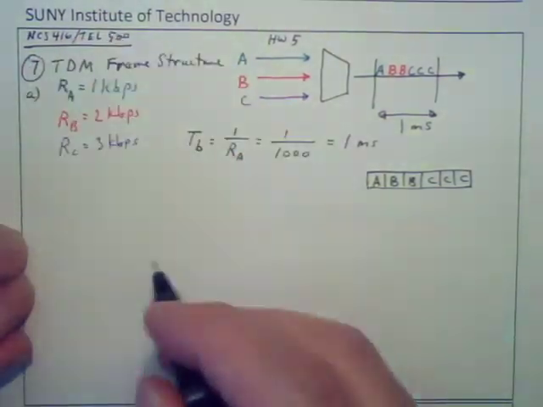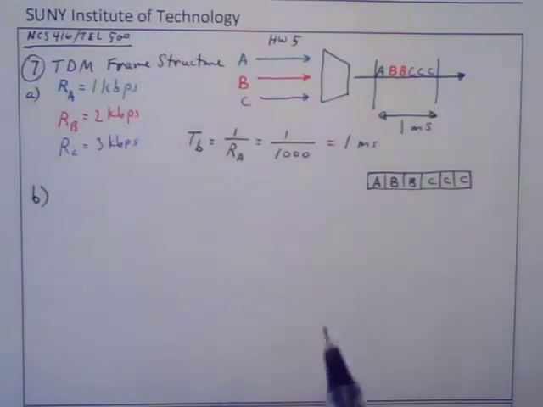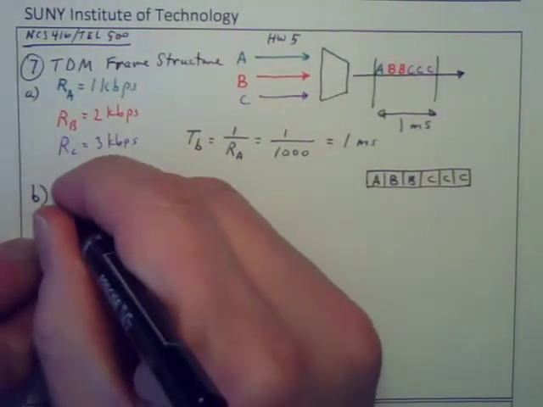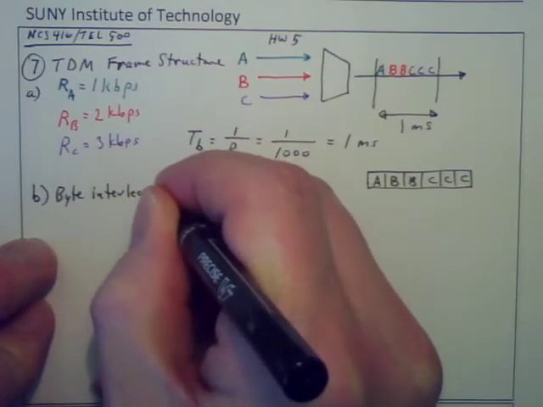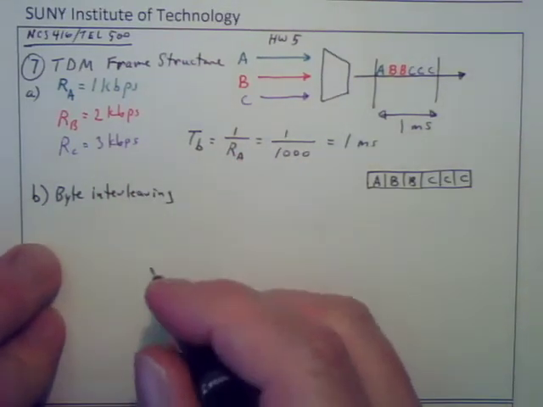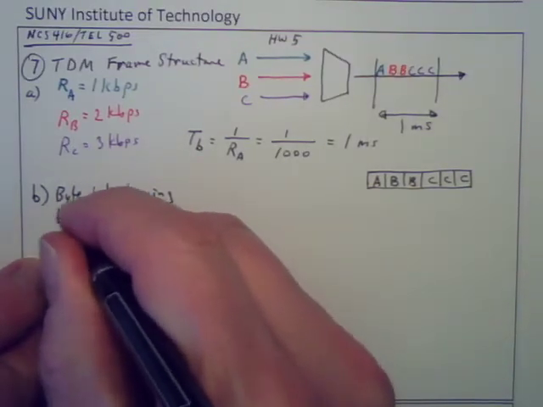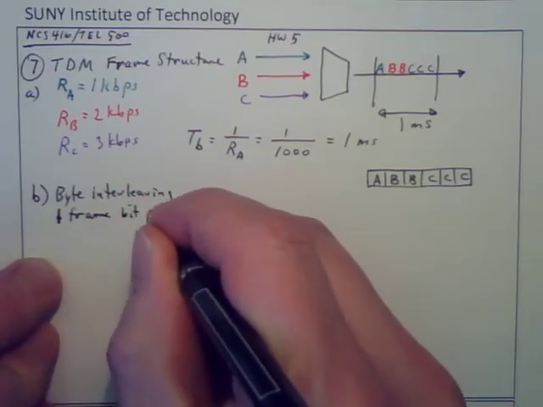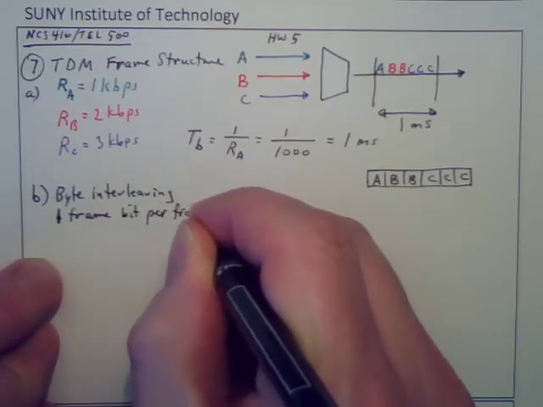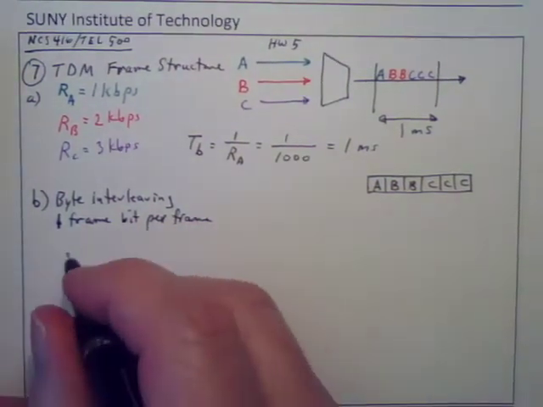That's part A. In part B we assume that we have byte interleaving, and that we have 1 framing bit per frame. Our frame looks something like this.